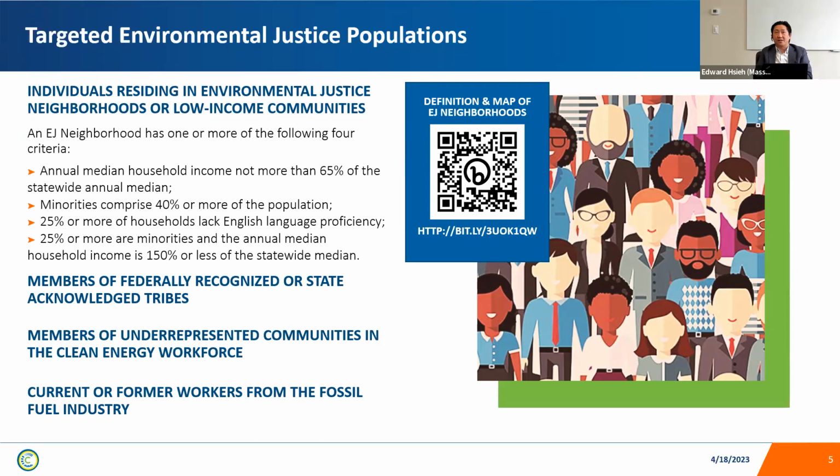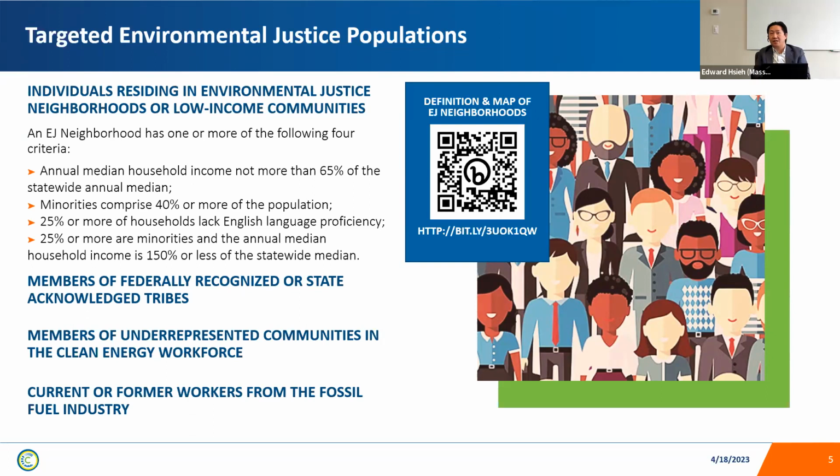A lot of it has to do with the median household income, whether the population is predominantly minority, language proficiency, or a combination of some of those different factors. In addition to that, we are supporting members of federally recognized or state acknowledged tribes, current or former fossil fuel workers transitioning into the clean energy sector, or members of underrepresented communities in the clean energy workforce, which is a pretty big catch also.